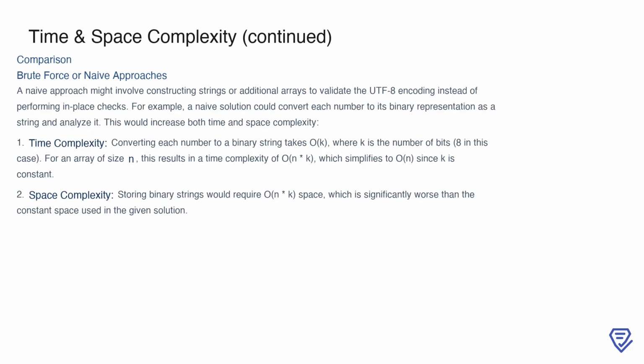For an array of size n, this would result in a time complexity of n*k, which simplifies to O(n), since k is constant. However, the space complexity of such a solution would also be O(n*k), as we would need to store these binary strings. In contrast, our solution avoids these overheads by performing in-place checks without creating new data structures, achieving optimal O(n) time and O(1) space complexity.